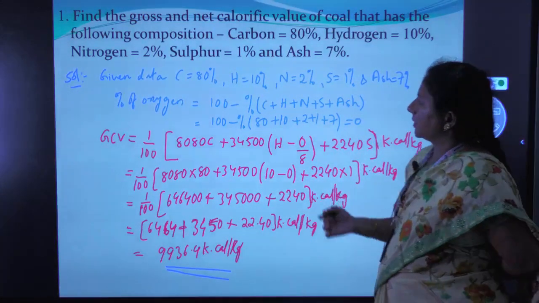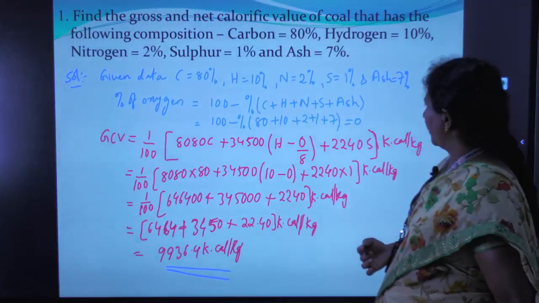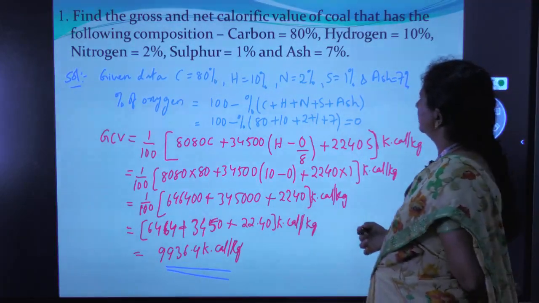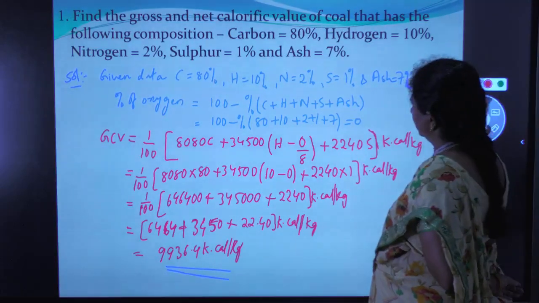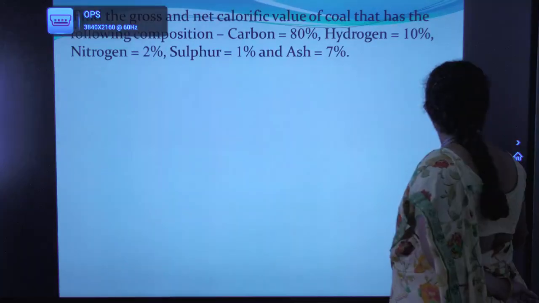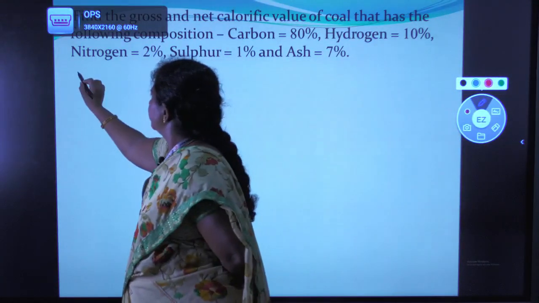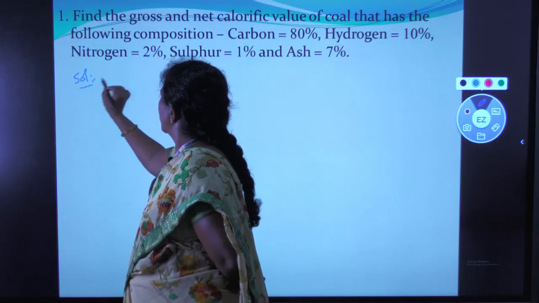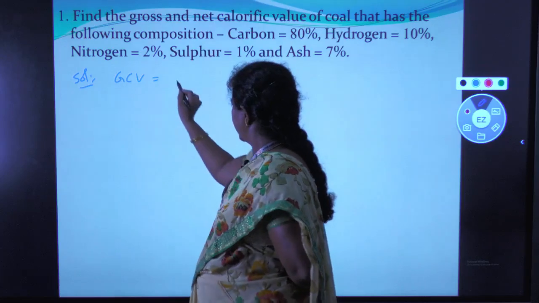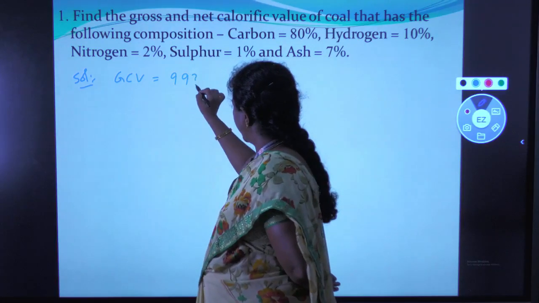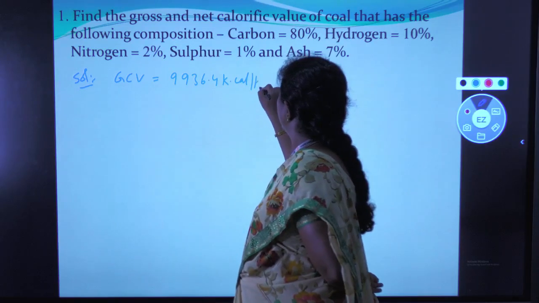So from this gross calorific value, we can calculate the net calorific value. The gross calorific value we got as 9936.4 kilocalorie per kilogram.